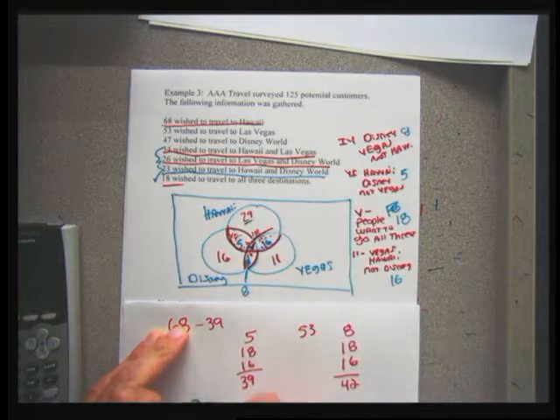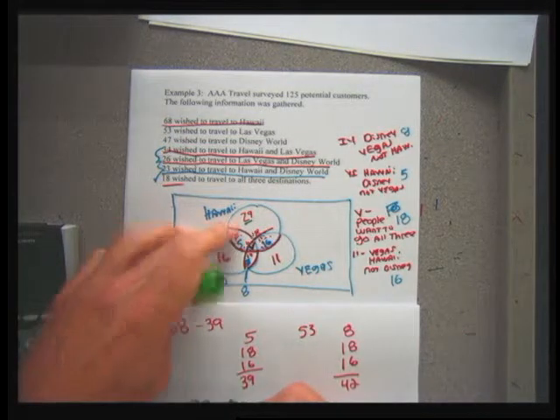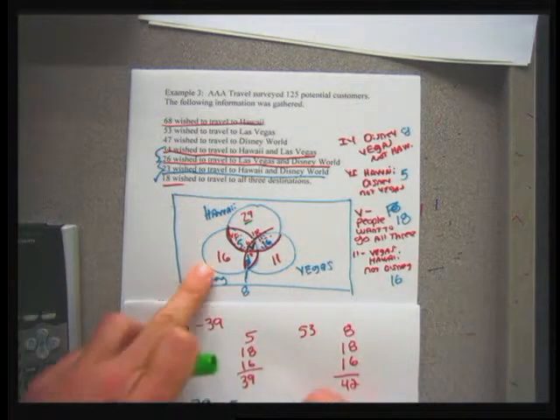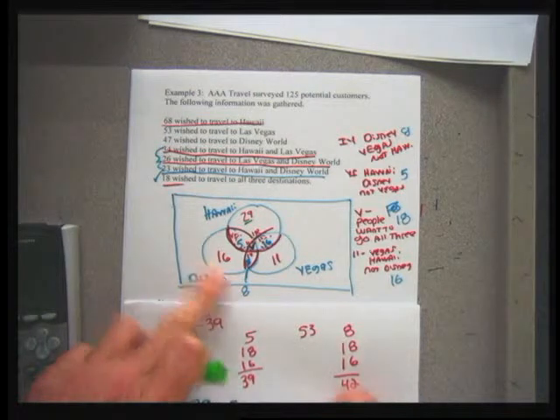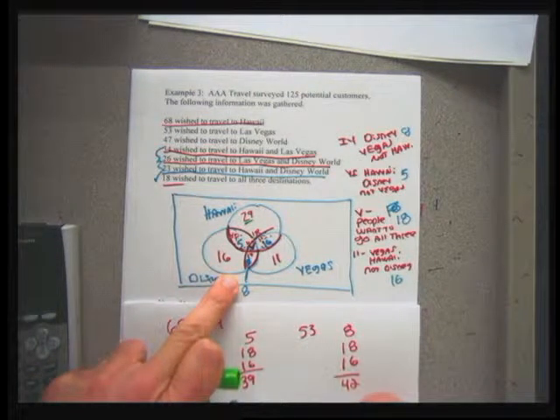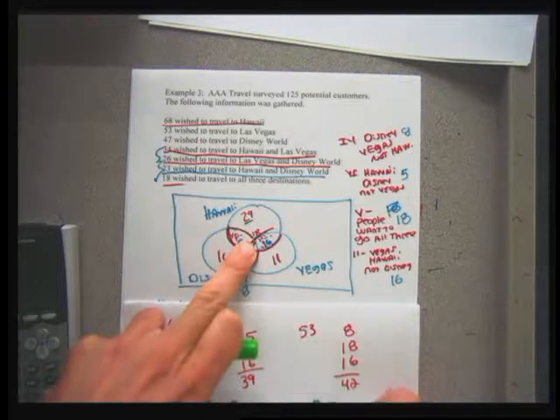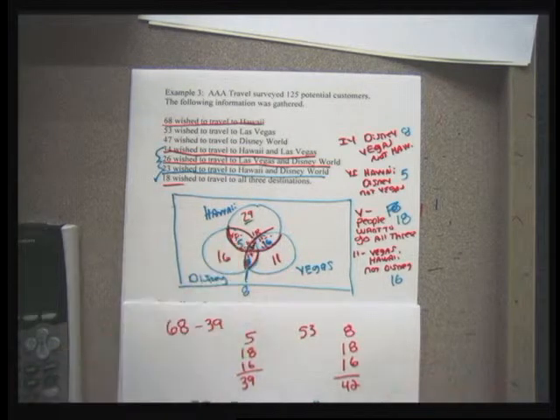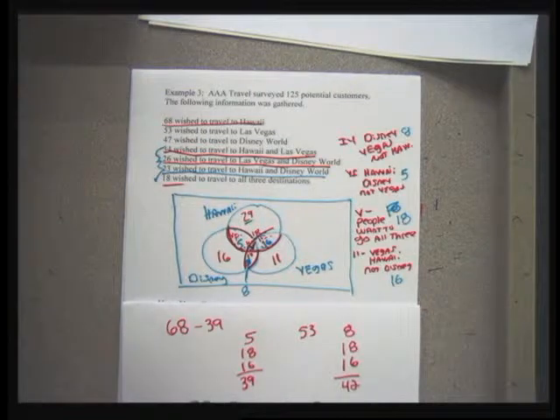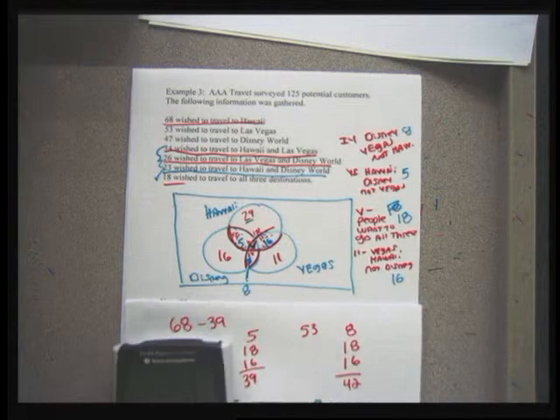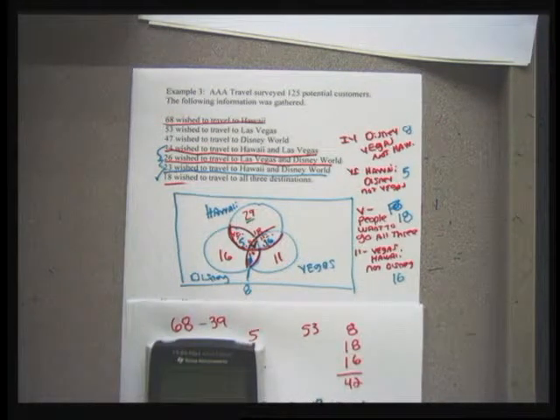The numbers that I see are 29, 5, 16, 8, 18, another 16, and another 11. When I add those up, I get how many people want to go to at least one place. So 29 plus 5 plus 16 plus 8 plus 18 plus 16 plus 11.